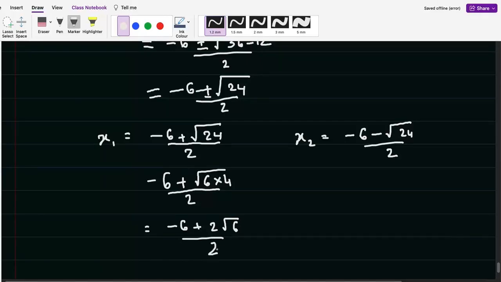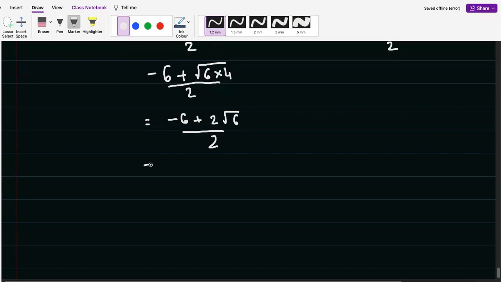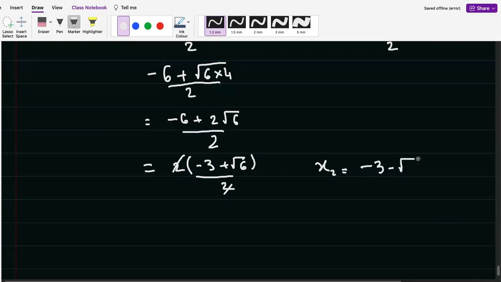What we can do, negative 6 and 2, 2 will be common here. So negative 3 plus root 6 whole divided by 2. So 2 and 2 will get cancelled. So the answer will be negative 3 plus root 6, and the second value will be similarly negative 3 minus root 6. These are the roots, the solution set for this quadratic equation. Clear? Great.